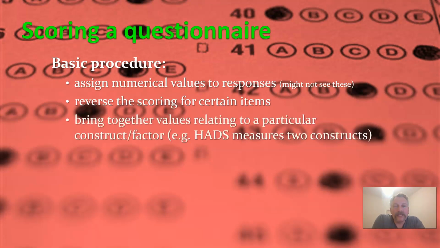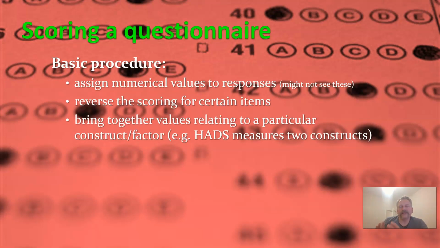So obviously then what you need to do is decide, all the questions that appear on your questionnaire, are they all measuring the same overarching construct? Or are they measuring different constructs? For instance, if you think of the hospital anxiety and depression scale, obviously it's measuring 2 separate constructs. Yes, they are related to a degree, but they are measuring 2 separate things.